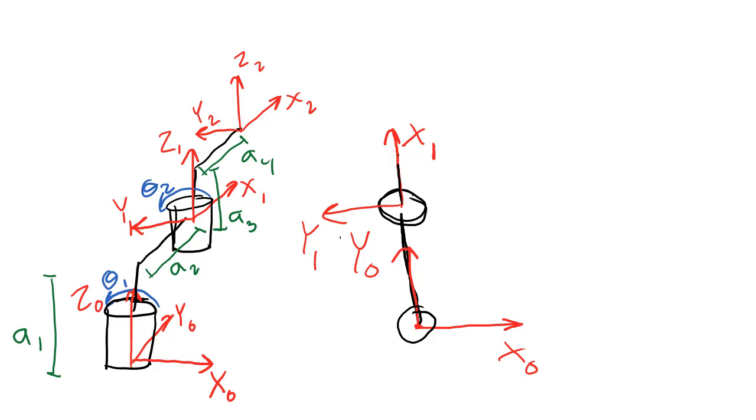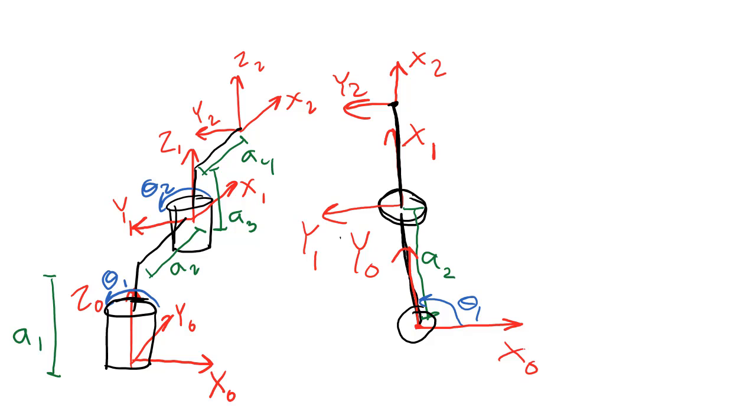We would then see the last link coming out like this with the end effector up here. We would see the x2 axis like this and the y2 axis like this. Looking down from the top, this distance here is the A2 distance, and this angle is θ1.